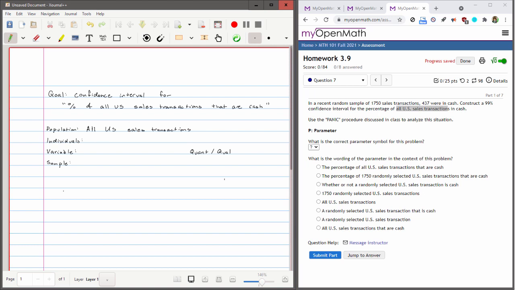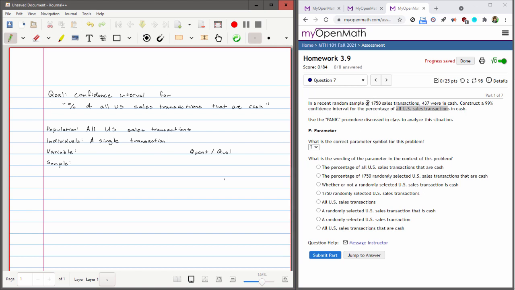An individual in that population is a single transaction. Remember, an individual doesn't have to be a person. It's whatever our population is a big group of.